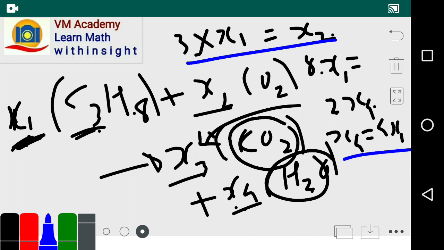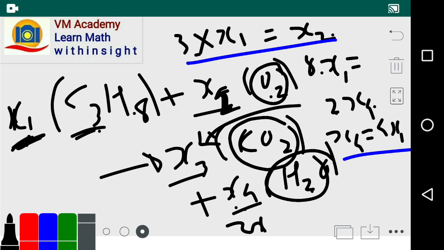And similarly friends, oxygen, here in O2 oxygen molecule contains 2 oxygen atoms. So x2 oxygen molecules contain x2 times 2, so 2x2 oxygen atoms on one side.